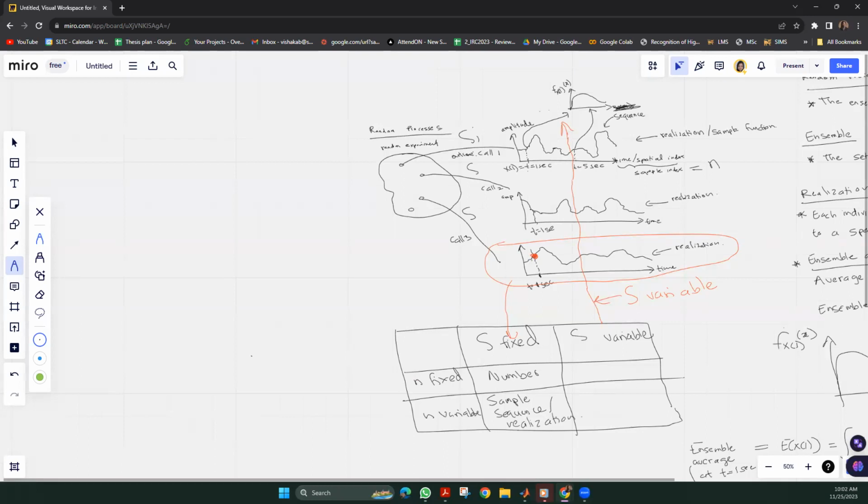So we obtain a realization if we keep the outcome fixed and vary the sample indexes over a certain range, for a certain theta value. That is what happens when we keep the theta or outcome fixed and the sample index as a variable.